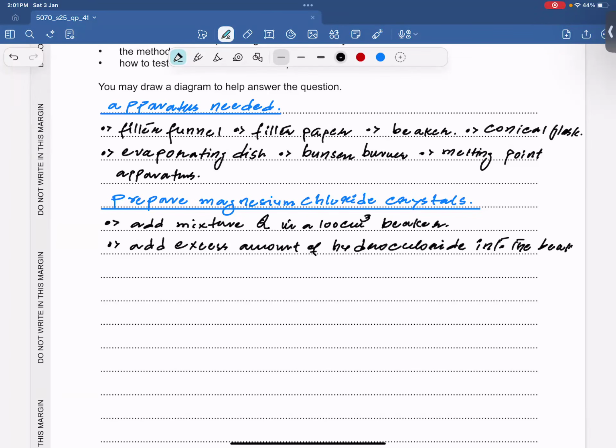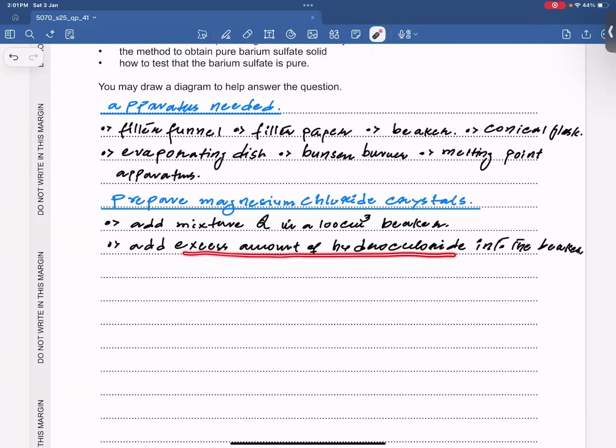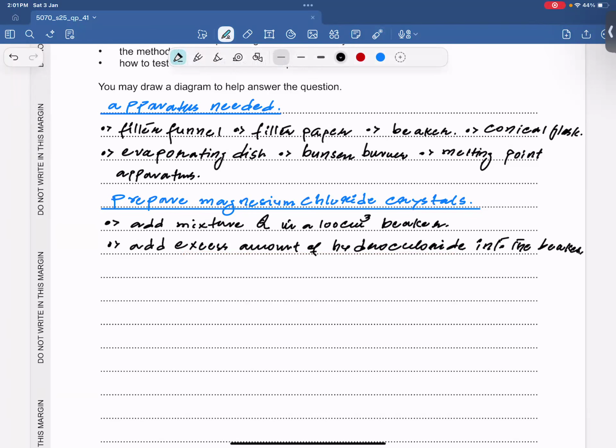Now the main question is why am I adding an excess amount of hydrochloric acid? To make sure all the magnesium oxide has been used up.